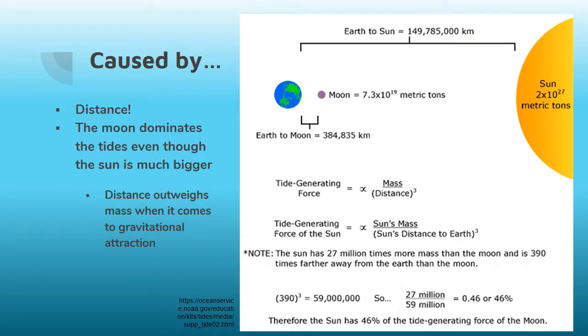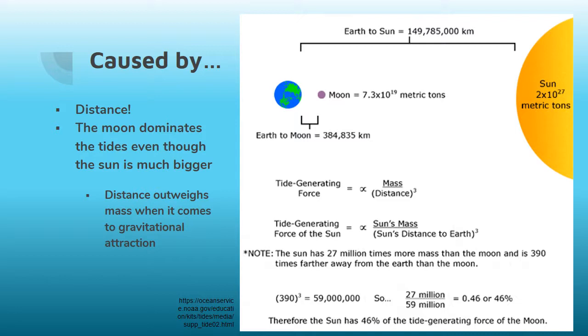What does this mean? Well, distance is a huge part of it. The moon dominates the tides, even though the sun is much bigger. Distance definitely outweighs mass when it comes to gravitational attraction. You can see by the figure on the right of the slide the different force formulas for the tides.